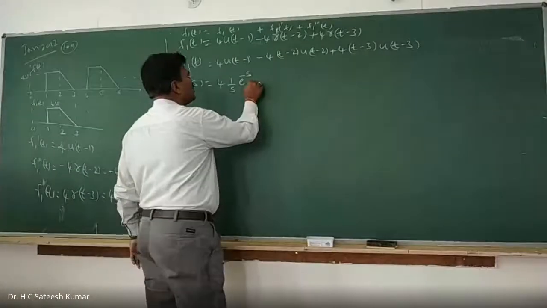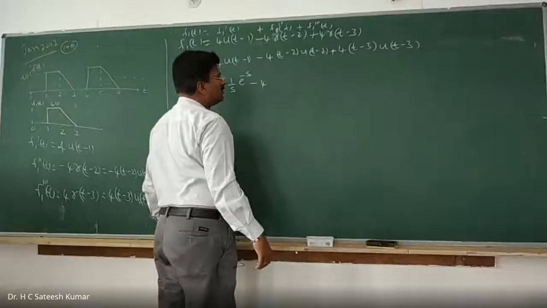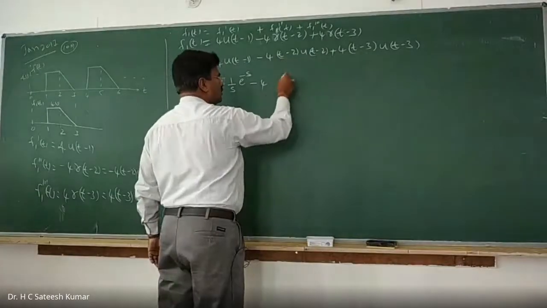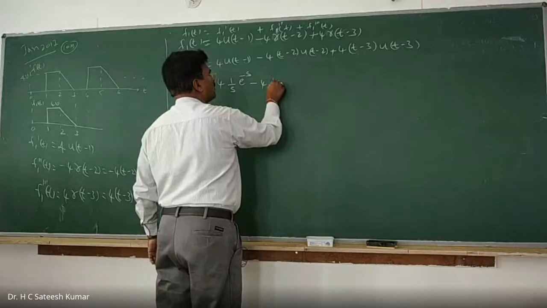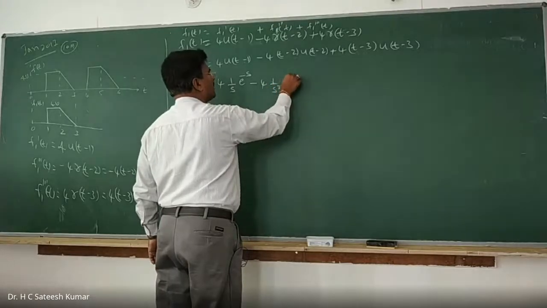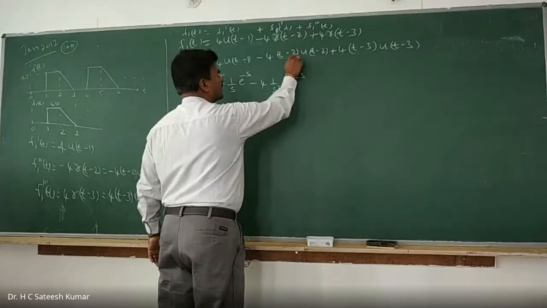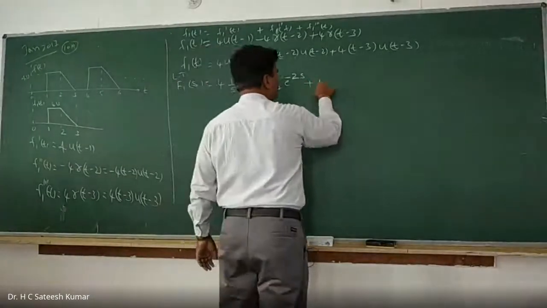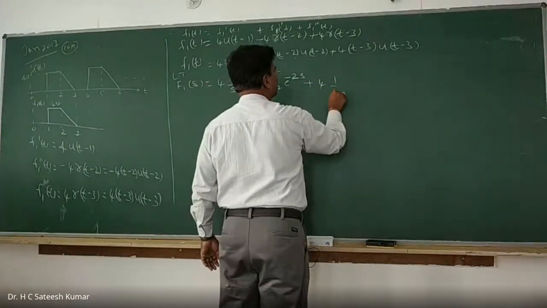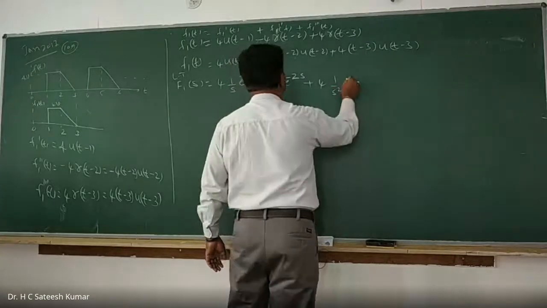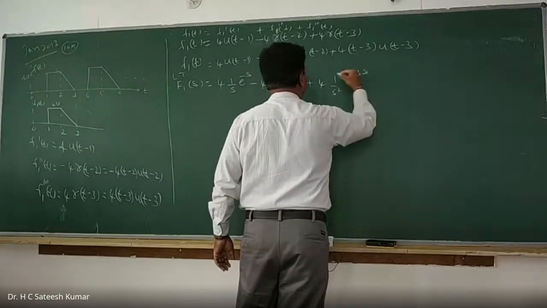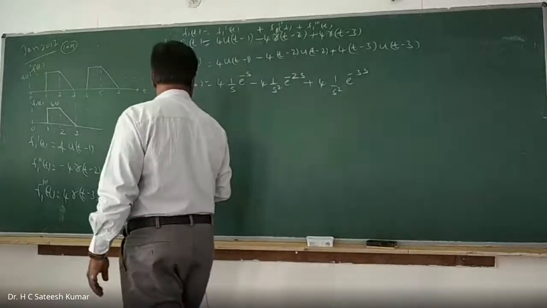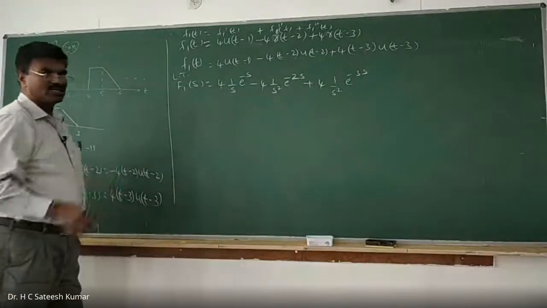Minus 4 into t into u of t, that is nothing but 1 by s square into e to the power of minus 2s, starting from minus 2, and plus 4 into 1 by s square into e to the power of minus 3s. So we can take 4 by s common, and later on we shall write it.